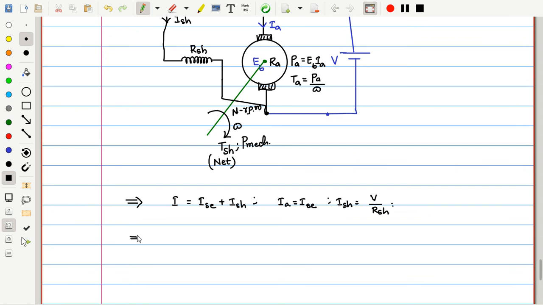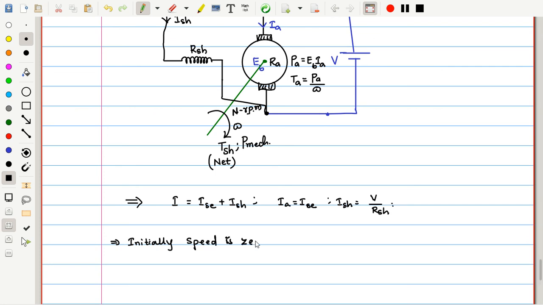So now try to observe clearly here. What happens here is that initially, speed is 0 for the machine.